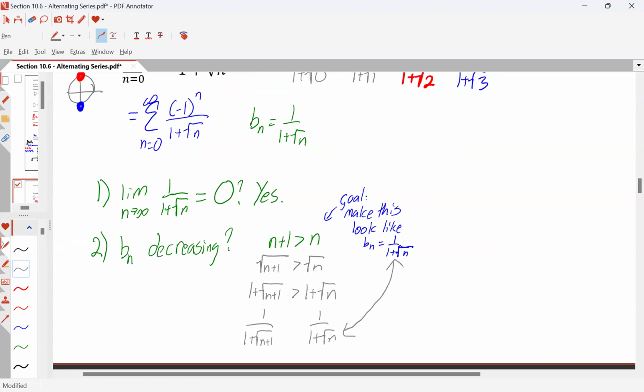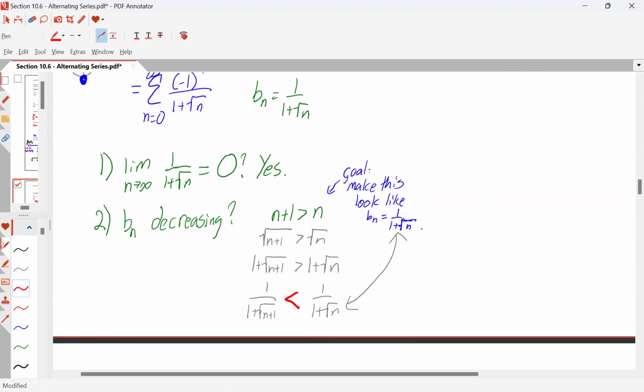Okay, we made this side look like that side. However, what just happened is when we take the reciprocal, the sign switches. So on this right-hand side, we have b sub n. On the left-hand side, we have b sub n plus 1. b sub n plus 1 is less than b sub n. So yes, this is decreasing.